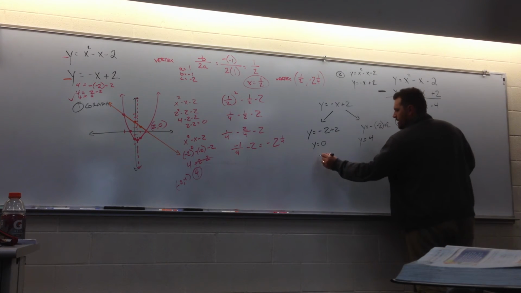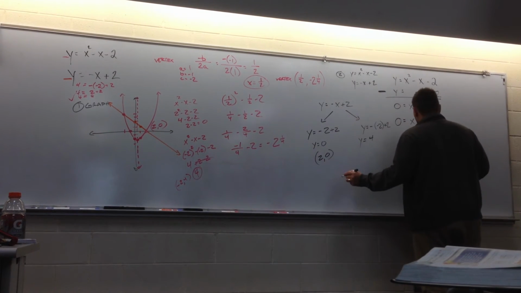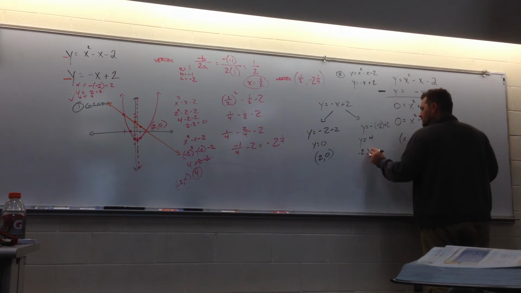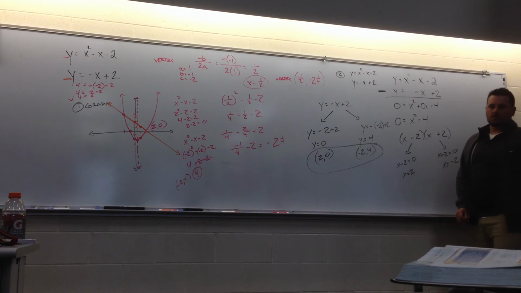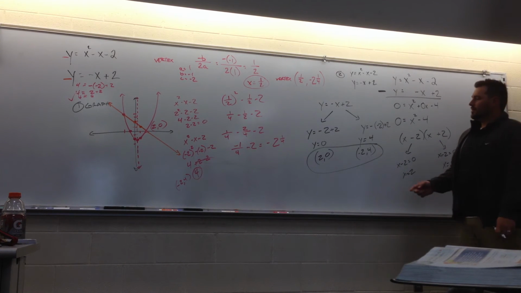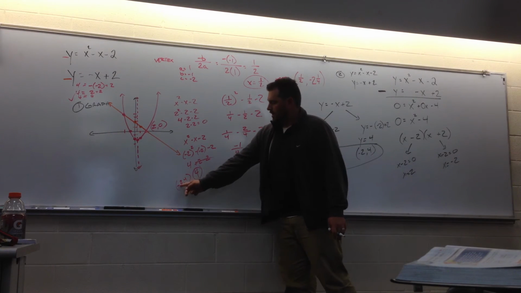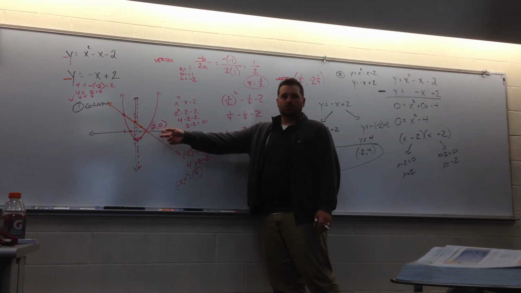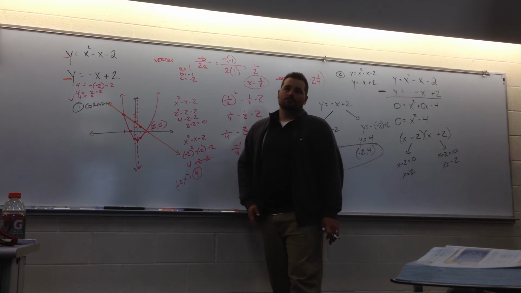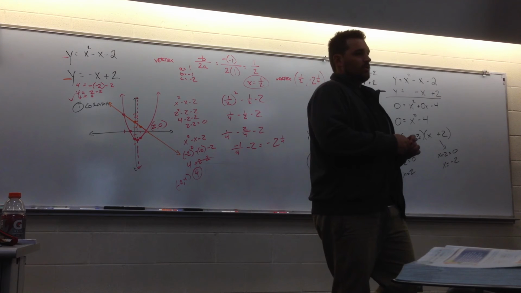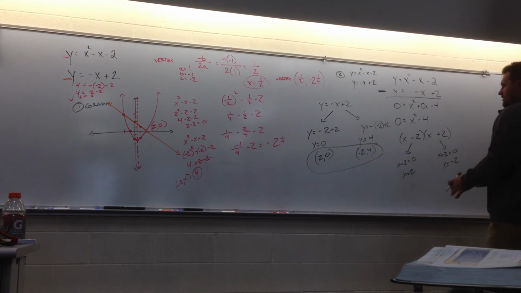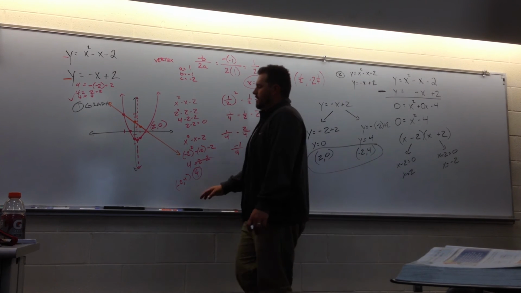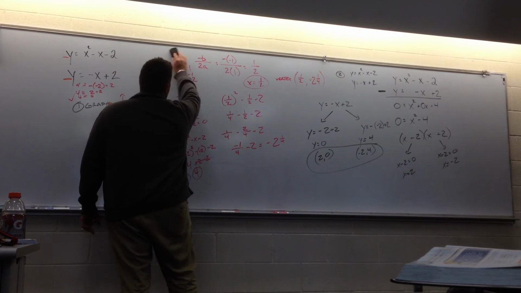So I have the ordered pairs 2, 0, and negative 2, 4. There's my solutions. And if we look back here, negative 2, 4 and 2, 0. Same thing. Okay? What's the third way? Substitution. Can I erase this graph method?